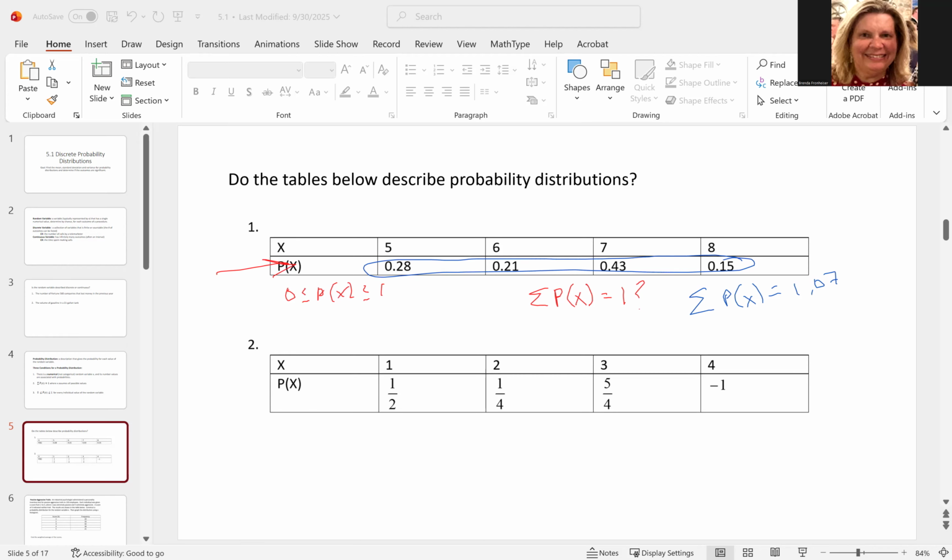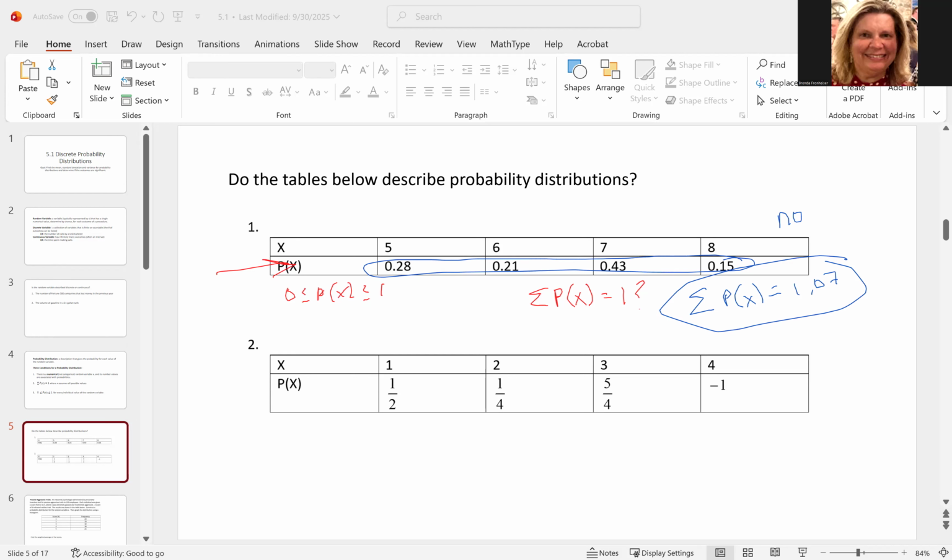So does this describe a probability distribution? No. We've talked before about the fact that I like asking why, and it's no because the sum of the probabilities is not equal to 1, it's equal to 1.07. Okay, so then in the next one, I'm trying to decide, is it a probability distribution?